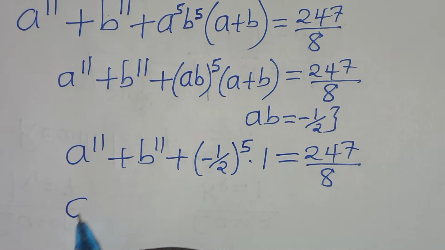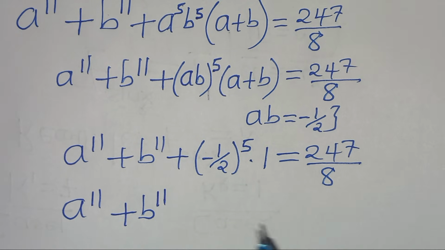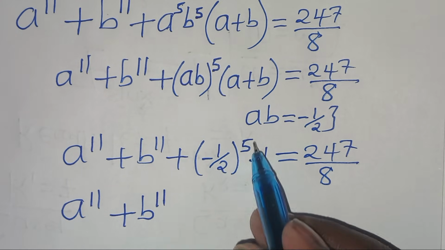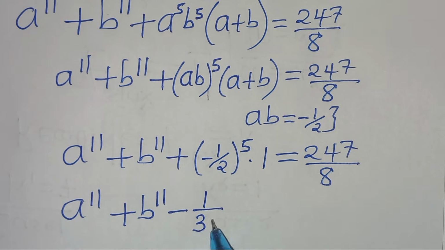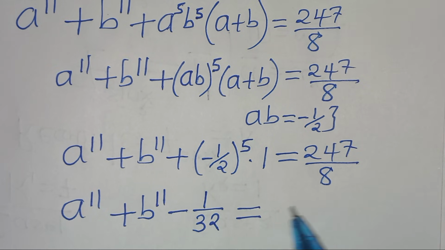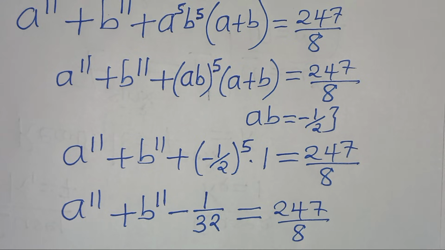So we have a to the power of 11 plus b to the power of 11 minus a half to the power of 5, this is minus 1 over 32 times 1, which is minus 1 over 32. And this is equal to 247 divided by 8.